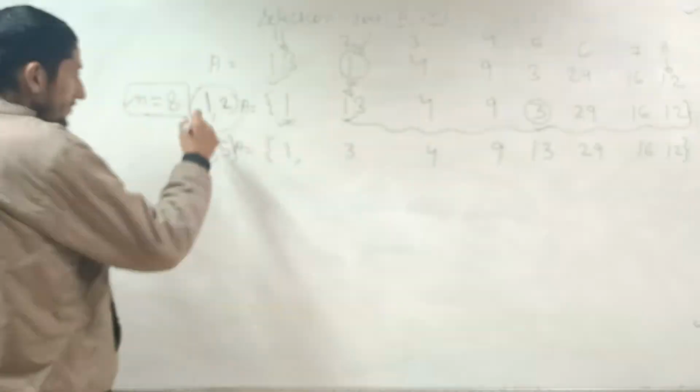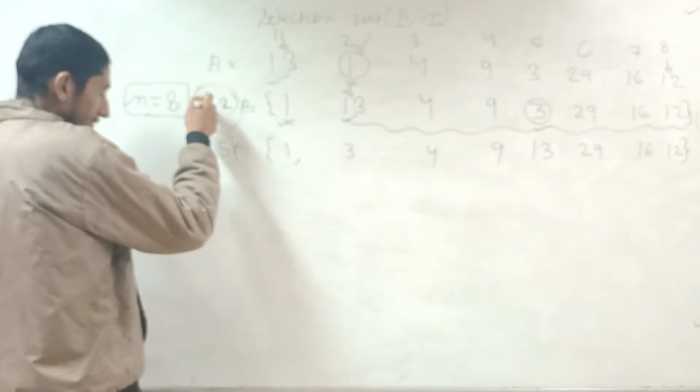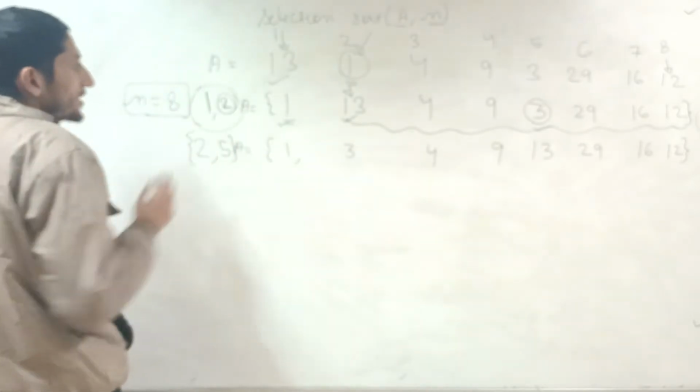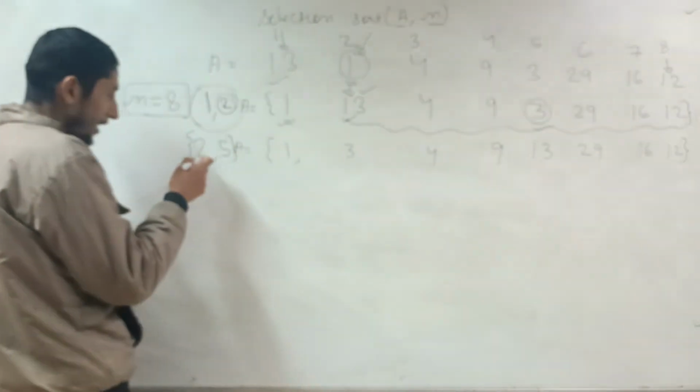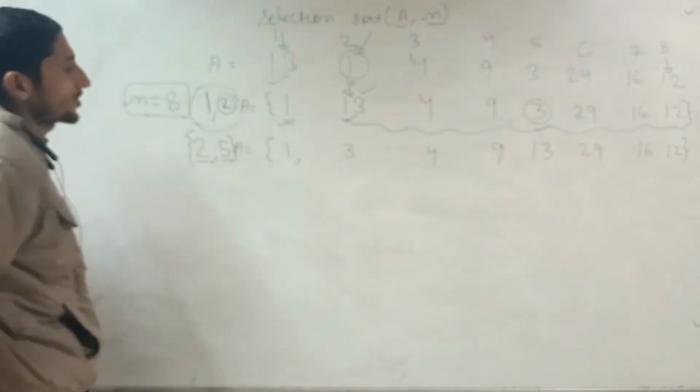In the first pass, we swapped element number 1 with the index of the smallest element. Now we started with the second position and swapped element number 2 with the smallest element position, that is 5. You can check.